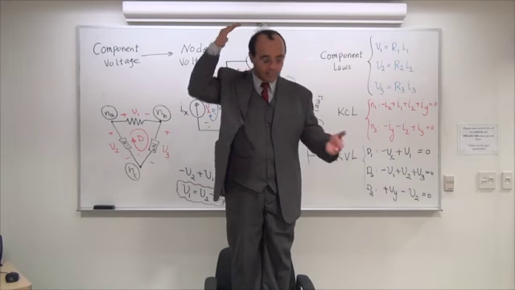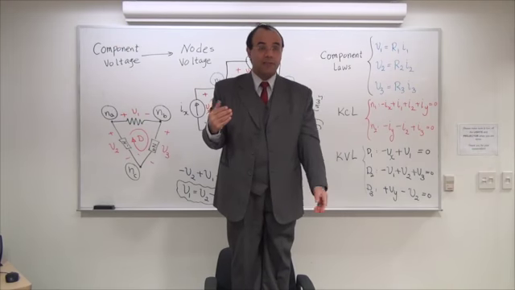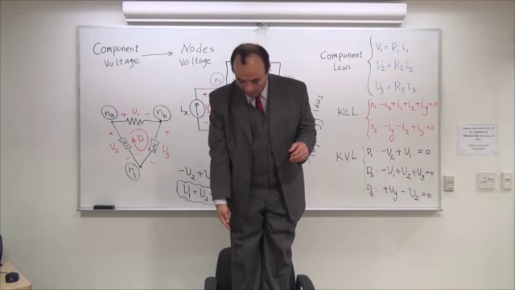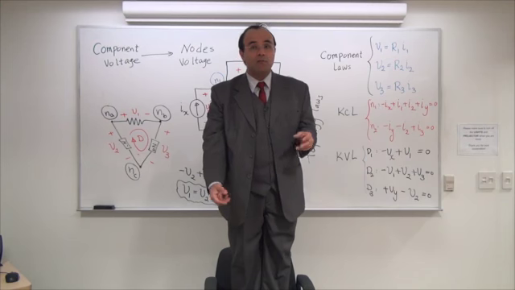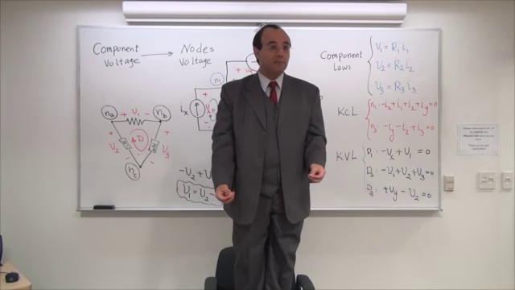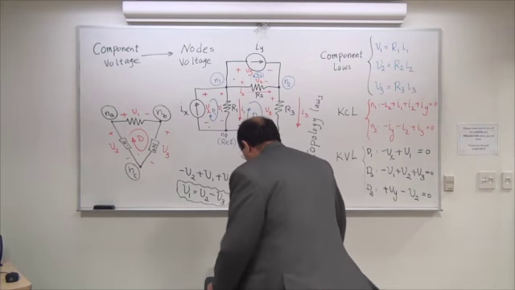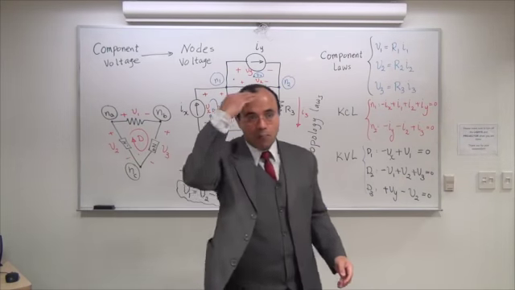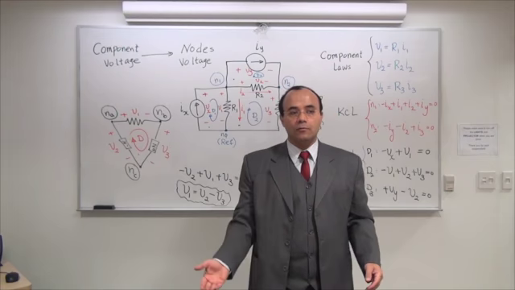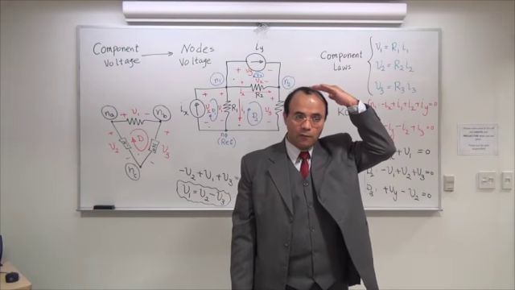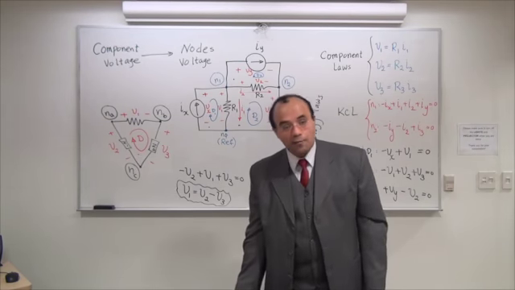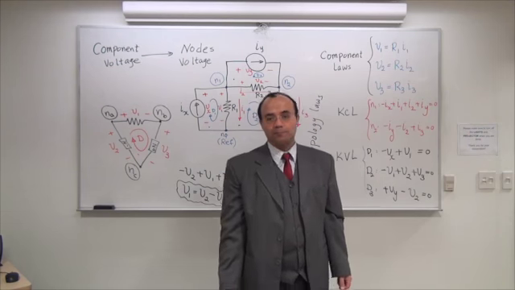The height of my head to a reference node, which is ground, is the voltage assigned to this node. And the height of my feet to the ground would be the voltage assigned to my feet. So in that sense, I can say that the component voltage is equal to the voltage of node A with respect to a reference node minus node B with respect to a reference node.